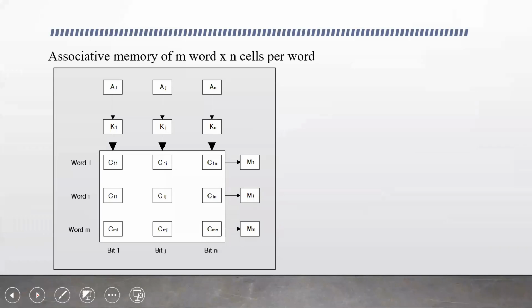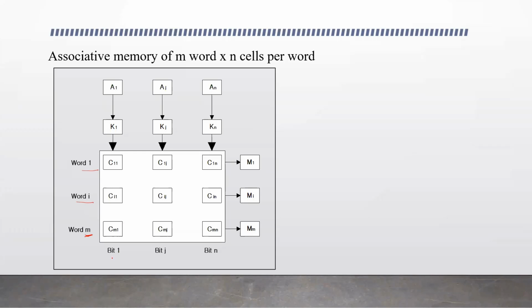Here, to make it clear, we have the associative memory of m words and n cells per word. We have a two-dimensional array here. Each row represents a word. We have m words. So row 1 is word 1, row 2 is word 2, etc., up to the ith row being word i, and up to m words.